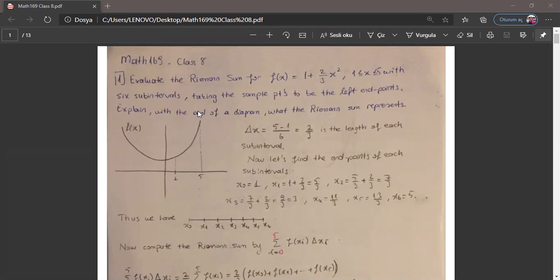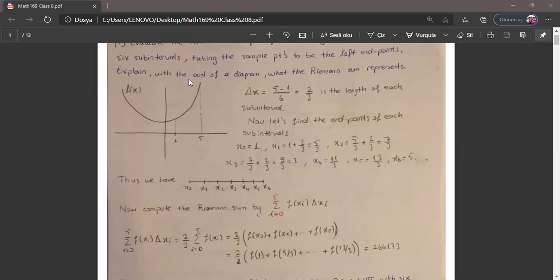We will compute the Riemann sum, as noted before, and divide this interval into 6 subintervals. We will take the sample points to be the left endpoints, as I did before. So we already know what it represents, and we don't need to do anything for that.